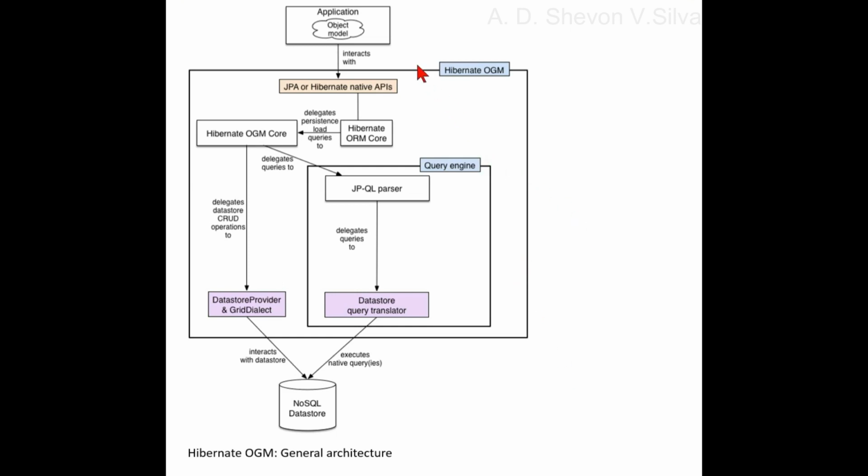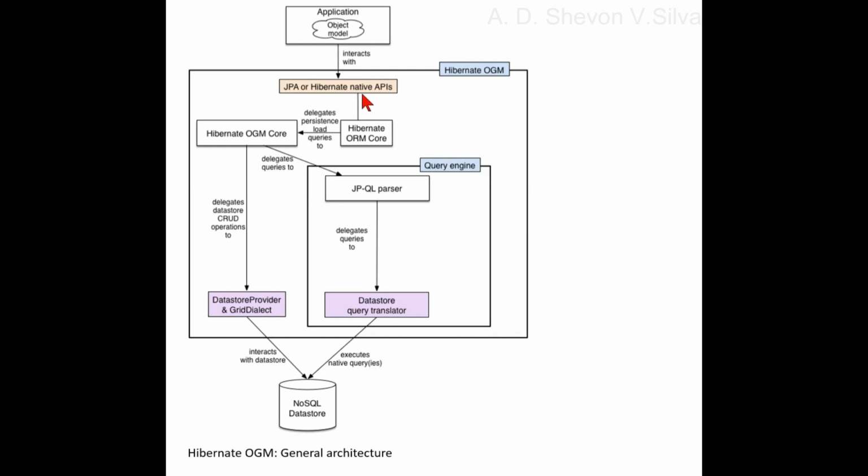Here you can see the object model is inside the application. The application interacts with JPA or Hibernate native APIs. JPA or Hibernate native APIs, Hibernate OGM core, Hibernate ORM core, data store provider and grid dialect, and query engine are inside Hibernate OGM.